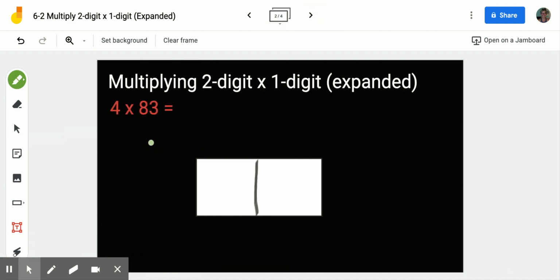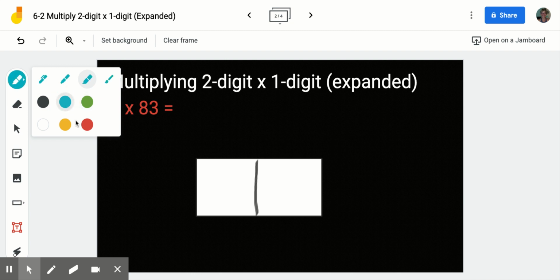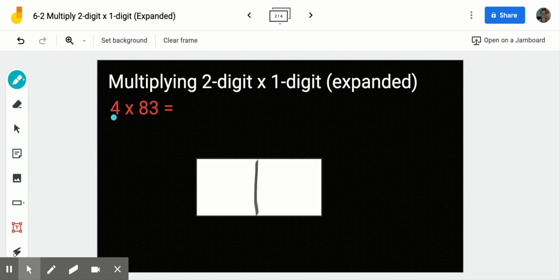So let's look at this next example. We have 4 times 83. So again, I'm going to leave the 4 alone. It's a one-digit number. I'm going to put it off to the side. Then I need to look very closely for this two-digit number. I want to break it into my expanded form.